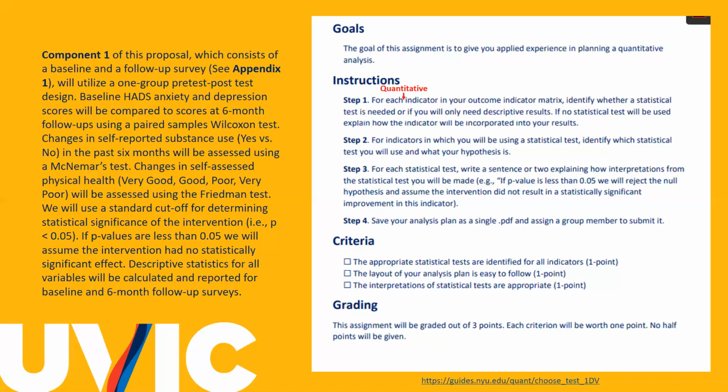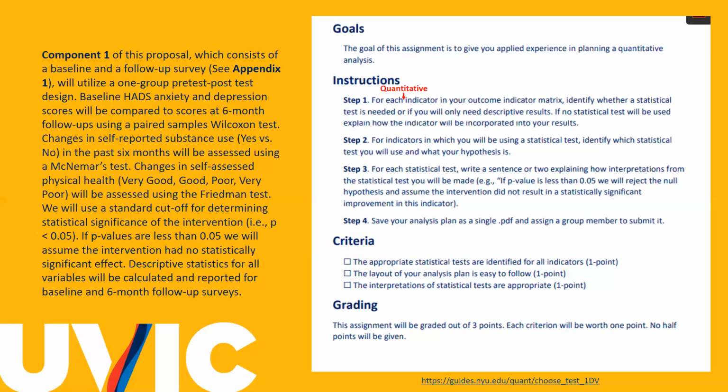Remember, you'll be handing in your survey assignment and this assignment at the same time, so I should be able to go back and forth between them. Then I say we'll utilize a one group pre-test, post-test design. From that I know I'm going to be looking for paired tests, right? Because you're pairing your pre-test and your post-test. We'll get into paired tests a little bit after this slide, but I'm basically wanting to look for that.